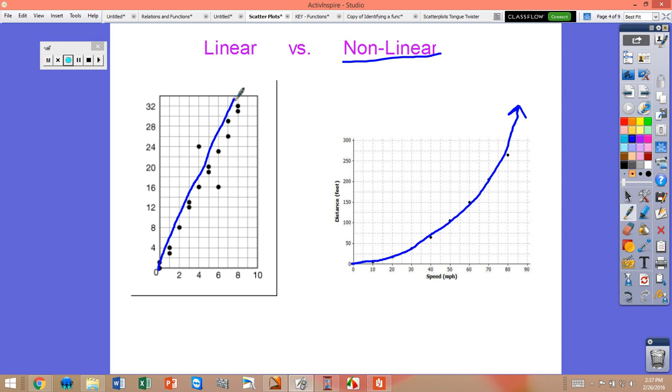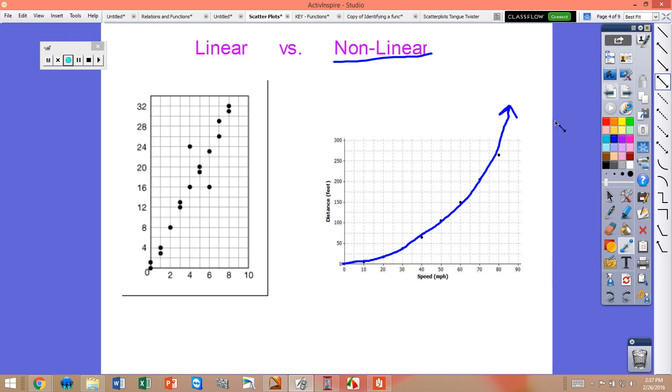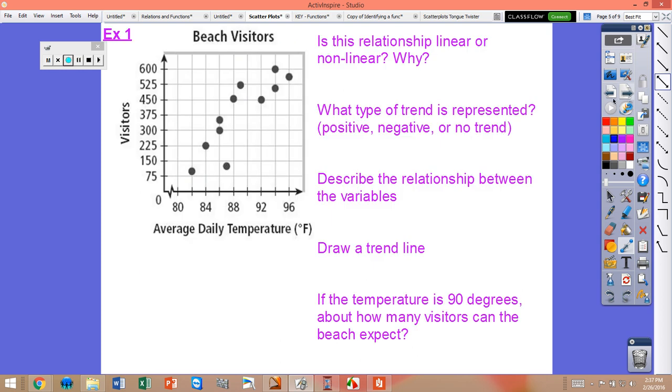And then this one would create, sorry, that line is bad, a straight trend line, not a curved one. Kind of like that. So that's the difference between linear and nonlinear data.